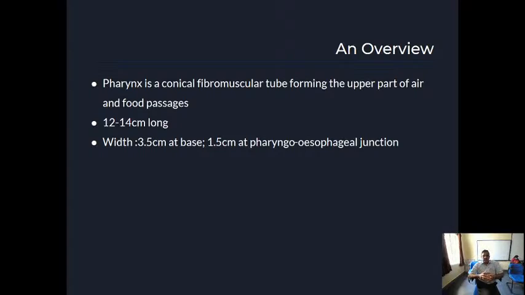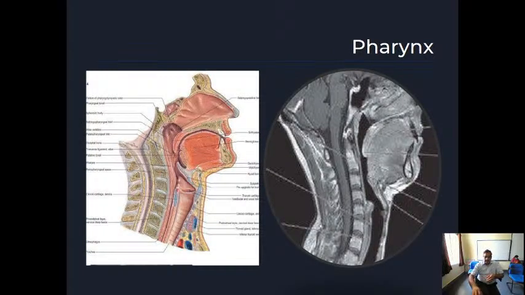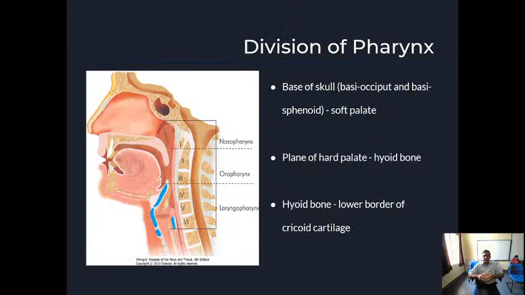It extends from the base of the skull, the basi-occiput and basi-sphenoid, which are bones, right up to the cricopharyngeal sphincter. So this is a conical tube extending from the basi-occiput and basi-sphenoid to the cricopharyngeal sphincter.